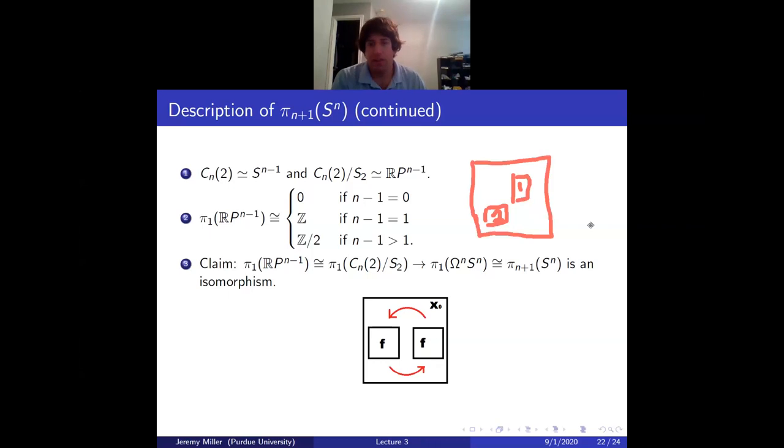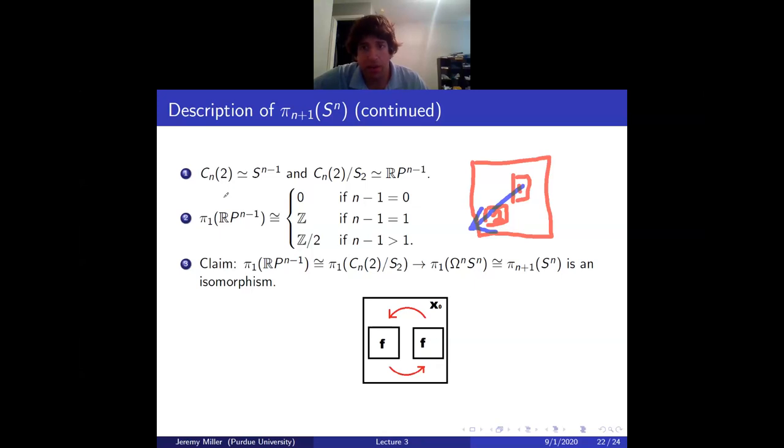And in 3 dimensions, we'd get an S2. And then when you mod out by the way S2 acts, it flips, or maybe a better way of saying it is you can look at the vector going from the center of the 1 cube to the center of the 2 cube, and normalize so it's length 1.